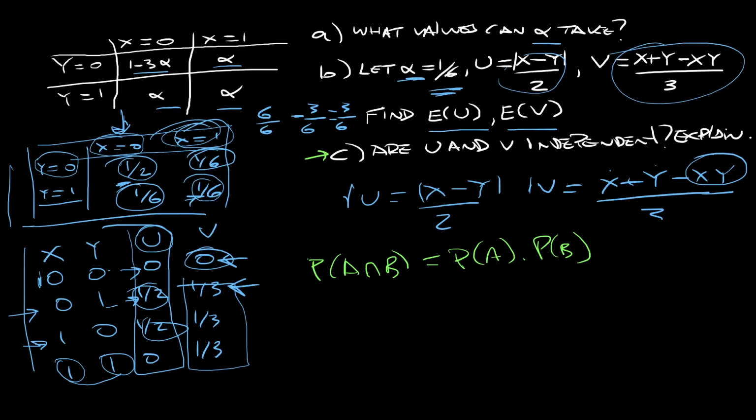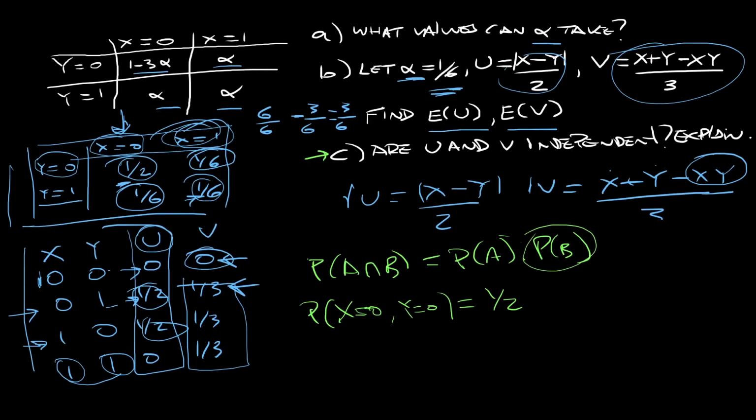So essentially what we can do is as follows. Let's say the probability of X equals 0 and Y equals 0. So we find this entry, and this entry is 1/2, times the probability of A at that point and the probability of B at that point.